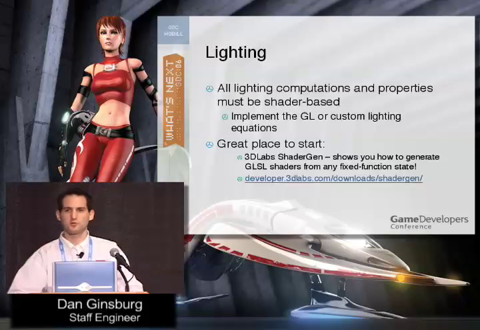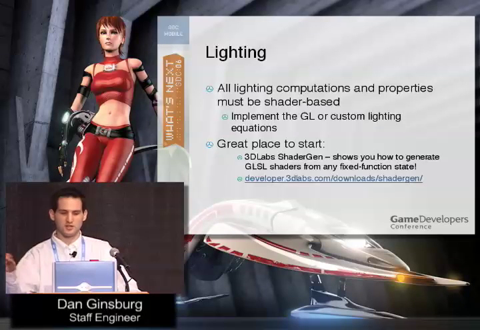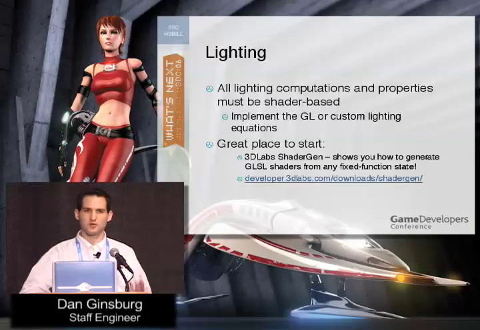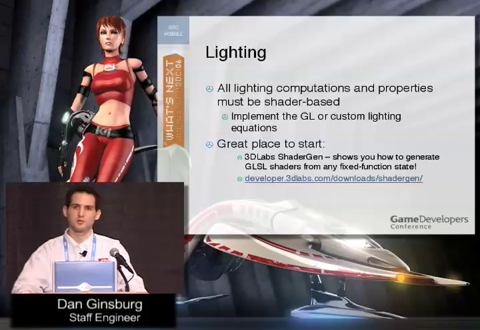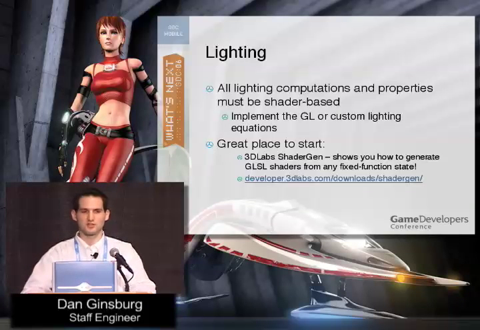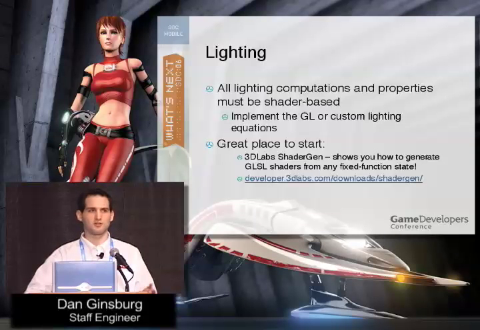Basically, this is a tool where you can select a bunch of light properties, like a directional diffuse light, and it will actually generate GLSL shader code that you can directly compile that will implement the lighting equation just as desktop OpenGL would. And really, this is actually what's going on in desktop GL drivers. Essentially, we look at fixed function state and we translate it into shaders underneath the hood. This is just exposing it to you to figure out what drivers are doing.